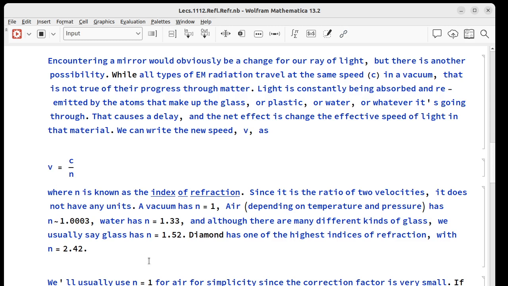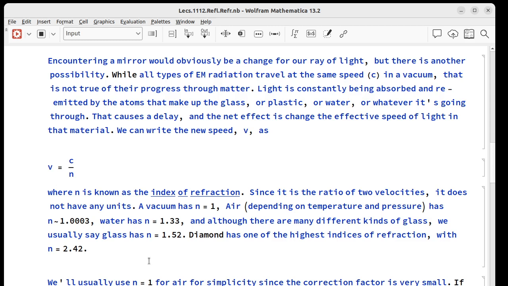Water has an index of refraction of about 1.33, and there are all sorts of different kinds of glass that you can't really pin down one fixed value for, but a lot of times in the book it'll say 1.52 for glass. Diamond has one of the highest indices, with n equal to 2.42.